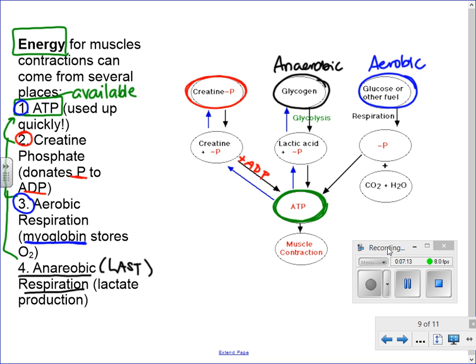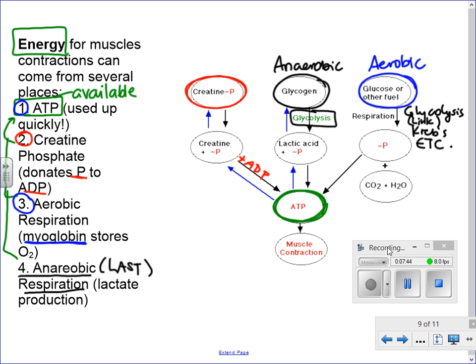Now, anaerobic respiration, you might recall from the last unit, is when basically only glycolysis happens. That's the first of the 3 steps of cell respiration. In aerobic respiration, we have glycolysis, and then we have the link, which happens sort of in between. And then we have Krebs, and then we have the electron transport chain. We have all of the steps that happen during cell respiration.